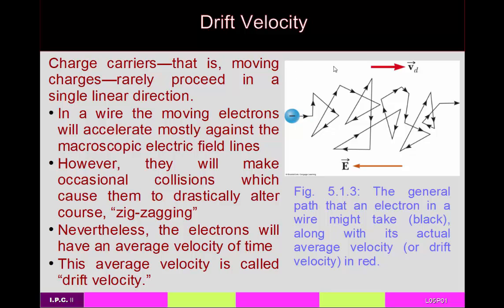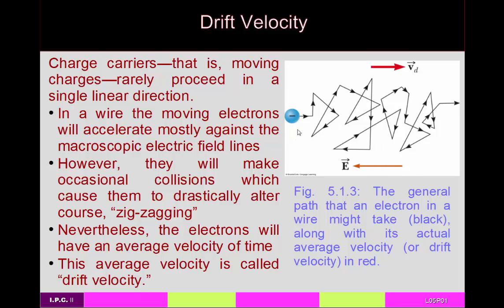But if you take the average velocity that this particle has over some long enough time that it's made many collisions, what you'll find is that the particle, even though it's making collisions, even though each collision sends it in a seemingly random direction, even though those collisions may send it in a direction opposite to the E field, it will over time be drifting opposite the direction of the electric field rather than any old direction.